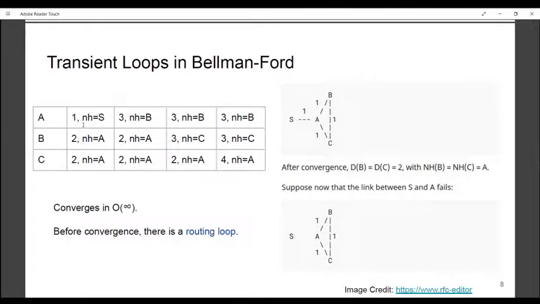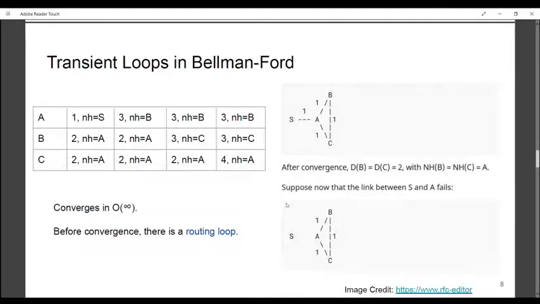So after convergence, we have seen the metric of B and C is equal to 2, and the next hop of B and C is also equal to A. So now suppose the link between S and A fails, which can be seen in the diagram.